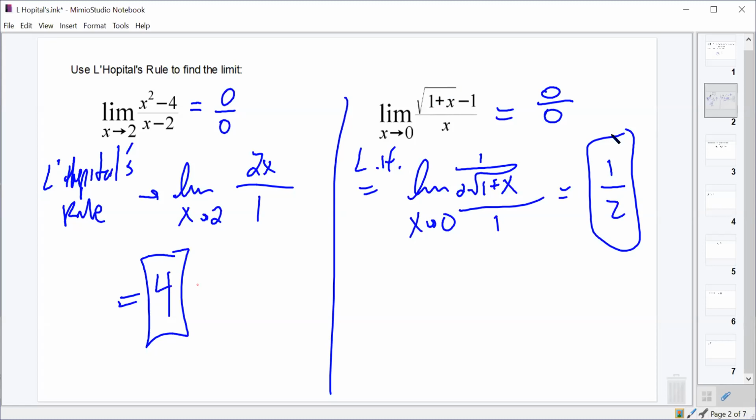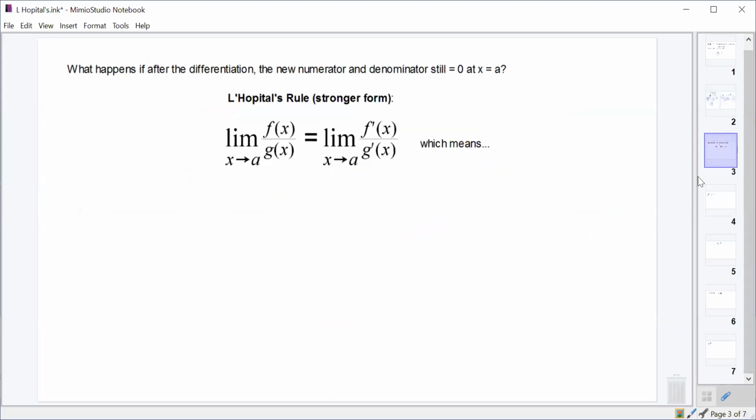Yes. All right. So what happens if you take the derivative of f and the derivative of g and have f prime of x over g prime of x, but it's still 0 over 0? Do you take the second derivative? Right.